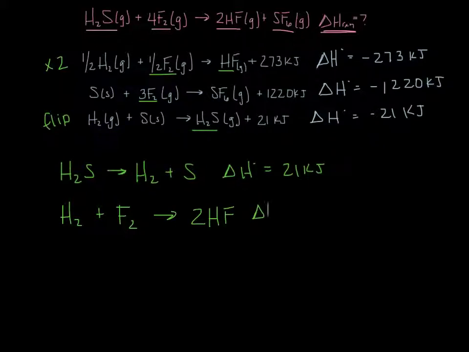And my delta H, I'm going to multiply by 2, but it's going to remain negative. So my delta H is going to become negative 273 times 2, so it's going to become negative 546 kilojoules.